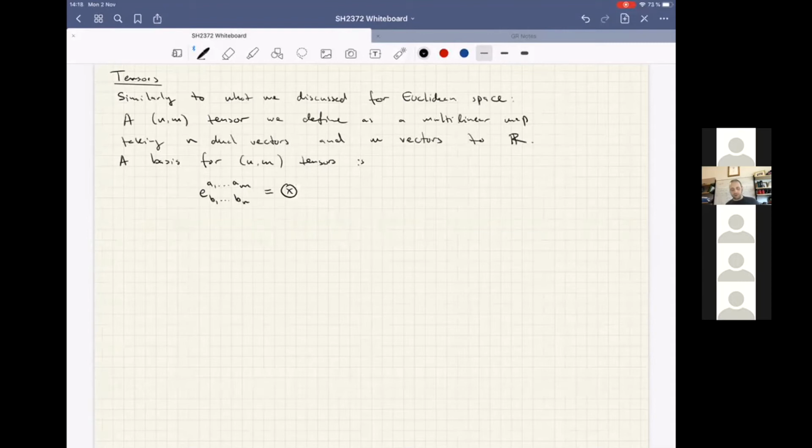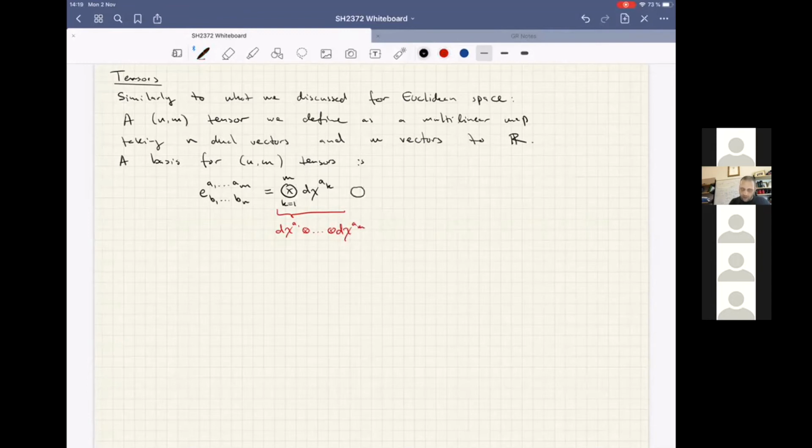So I'm going to write this notation now. This big circle-times with an index k running from 1 to m of the dual basis dχ^(a_k). If I just wrote this out, this would be dχ^(a1) tensor product, all the way up to dχ^(am).